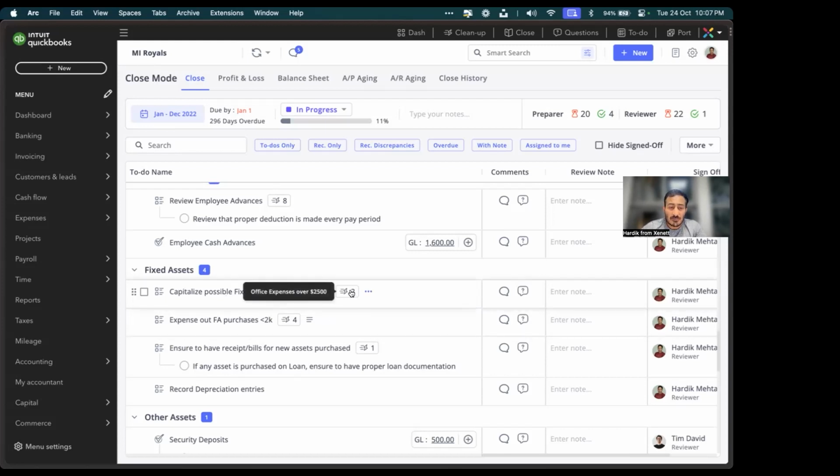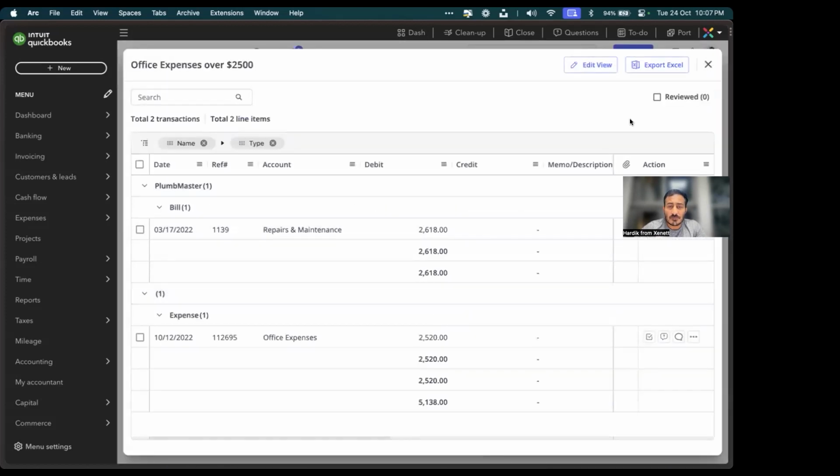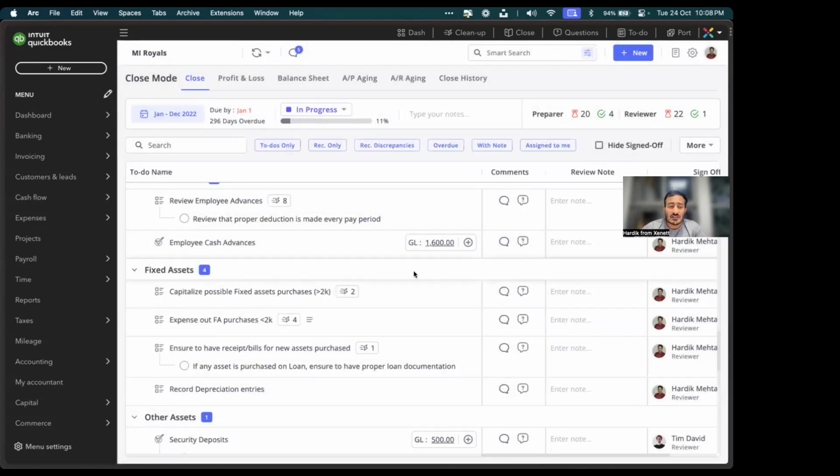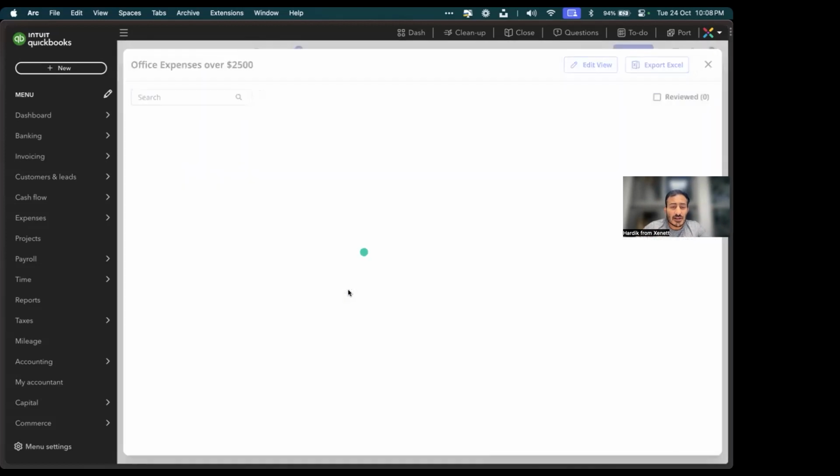So those accounts, let me just show you. Depending upon the type of business, those accounts could be repairs and maintenance, or office equipment accounts or tools and machineries accounts, right? Some of those accounts which could possibly be capitalized, we have mapped here. Now all I need to do, I can see there are two transactions here.